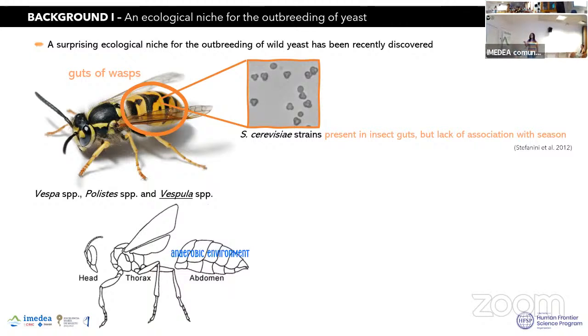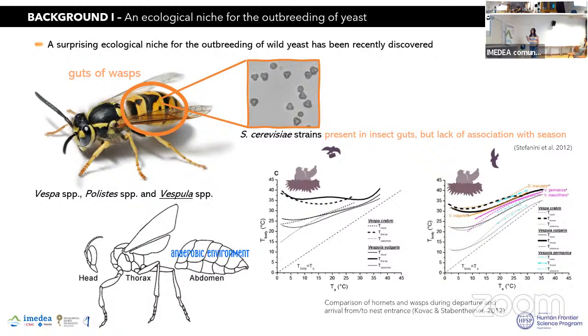So I want to explain a little more about this, because if they stay during all the seasons, they can support different temperatures. That's why I wanted to show you that if we differentiate the wasp into 3 different parts, the head, the thorax, and the abdomen, where it's an anaerobic environment, there was a study of Kovac, Stabb, and Tyner, where they calculated, don't ask me why, the temperature when the wasp departed from the nest and then on arrival, okay?